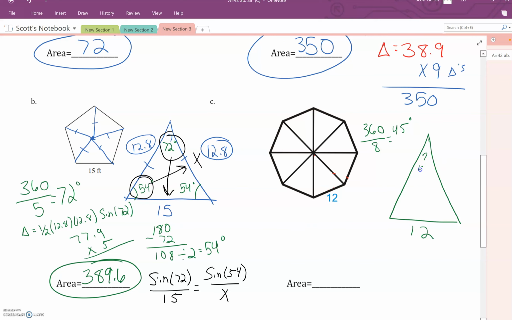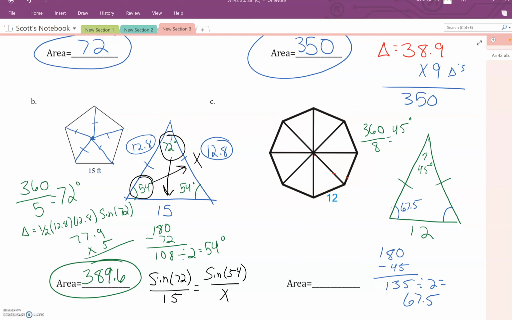And if I know that these two are the same, I should be able to figure out what each one of these angles, the blue angles, are. So go ahead and figure out what that is. I should have 180 minus 45 divided by 2 to give me that 67.5 for each one of these because it's isosceles.